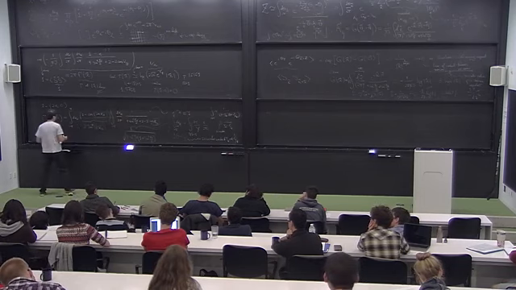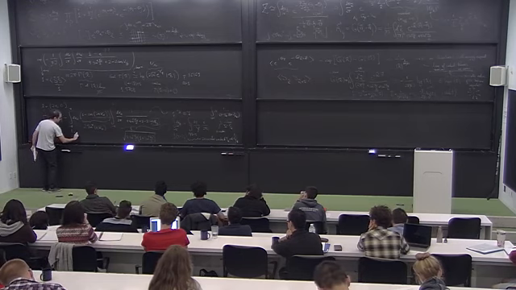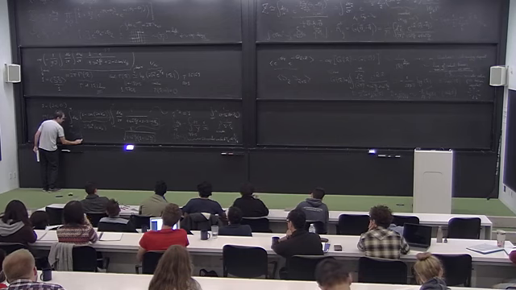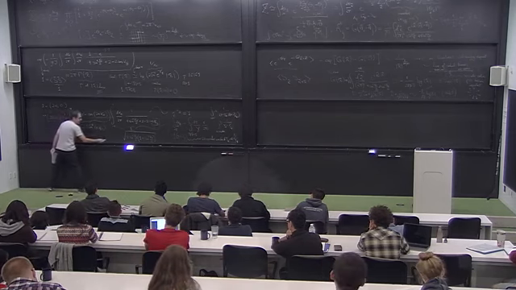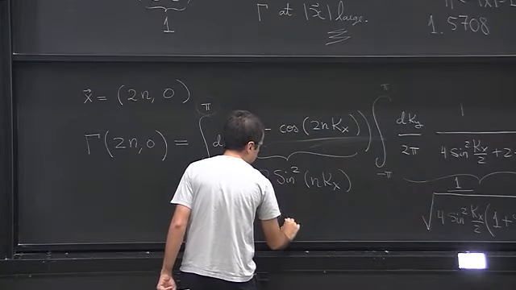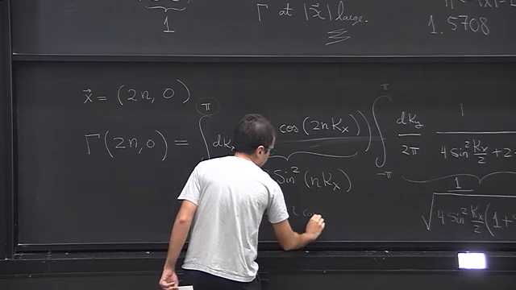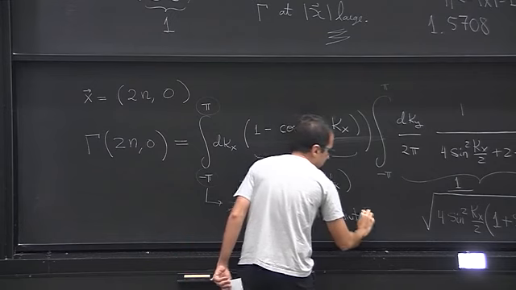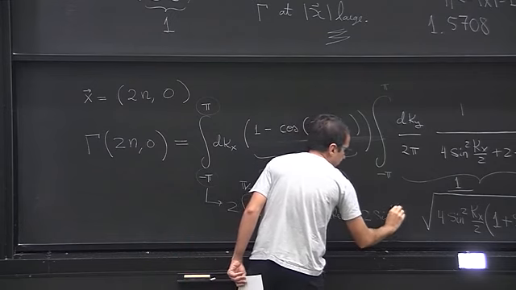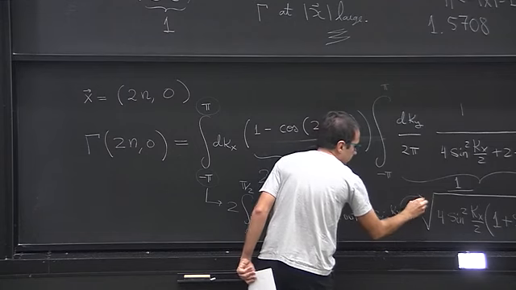So I can take it out if I replace this integral by twice the integral from 0 to pi over 2, and then I can take out twice sine of kx over 2 from the square root.